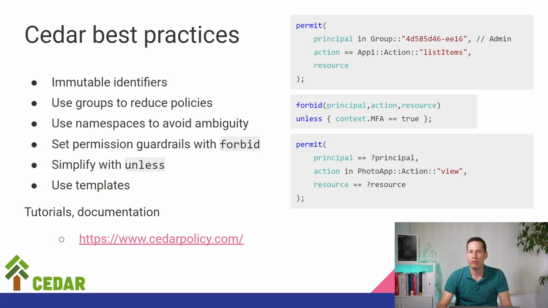There is also a very fancy feature, which is that you can use templates. So let's say you have a photo gallery application where you have users and they can upload photos, they can have albums and so on. And they would like to share these photos with each other.